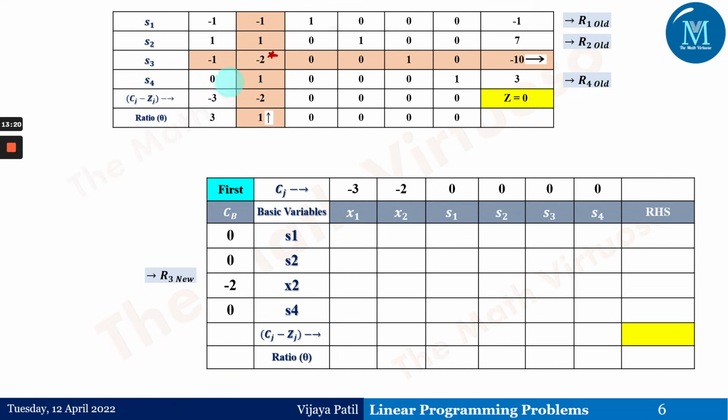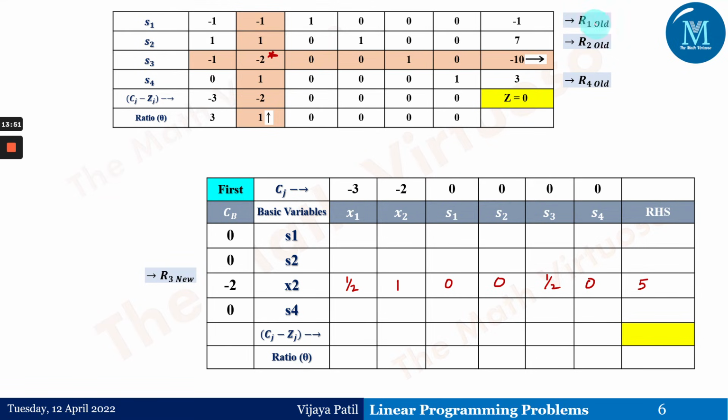That means we have to divide the entire third row by minus 2. So the third row becomes 1 by 2, 1, 0, 0, 1 by 2, 0, and the RHS is minus 10 upon minus 2, that is equal to 5. Let me write this directly over here.